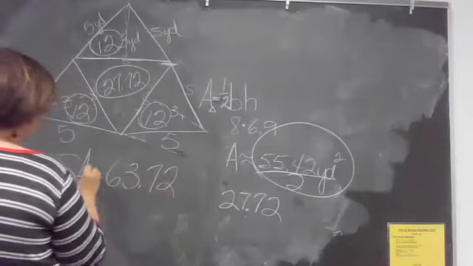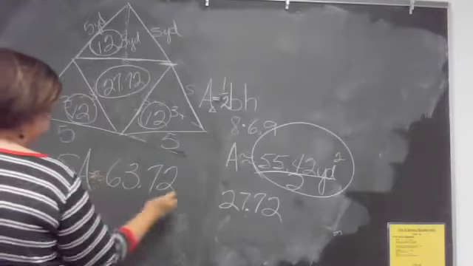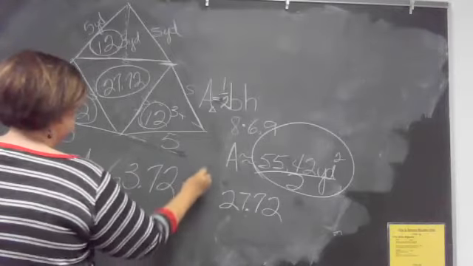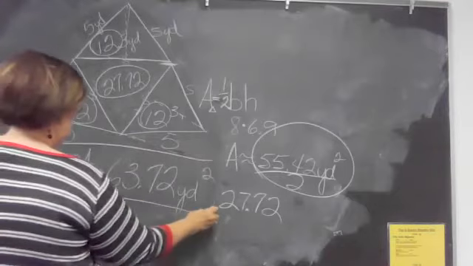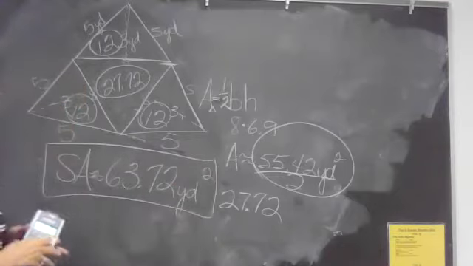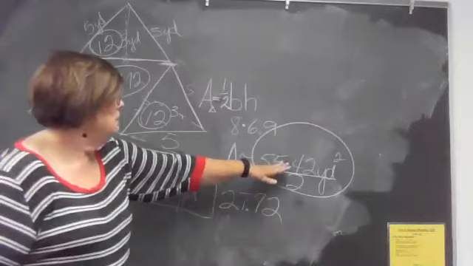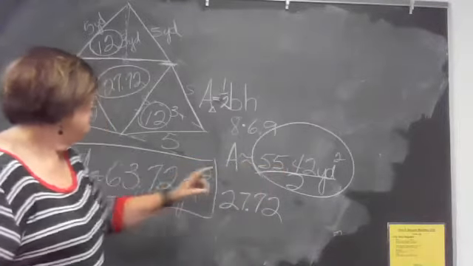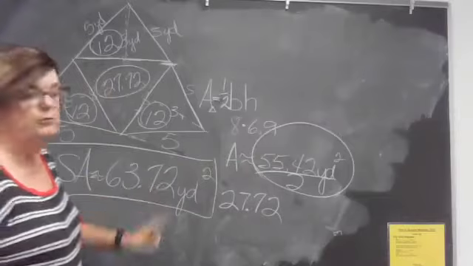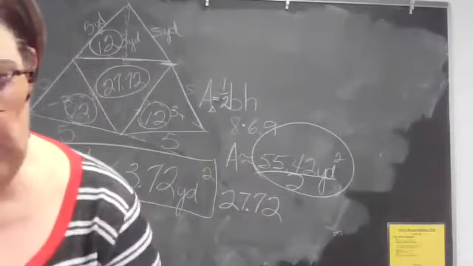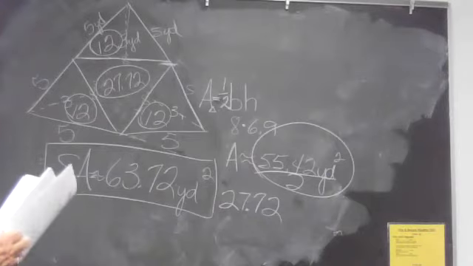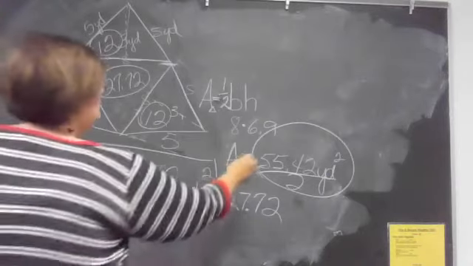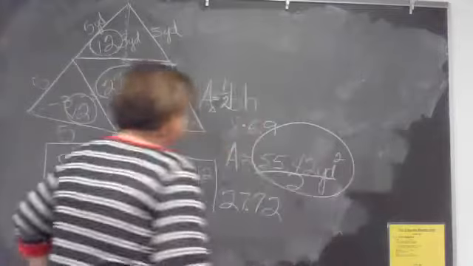And I get a surface area of approximately 63.72 yards squared. I'm going to compare that with the answer. Because we rounded here and here, there's a really good chance that this is off a few decimal places. Let me see what the answer is they give us in the back, because their answers use all the decimal places way out here in the multiplication.